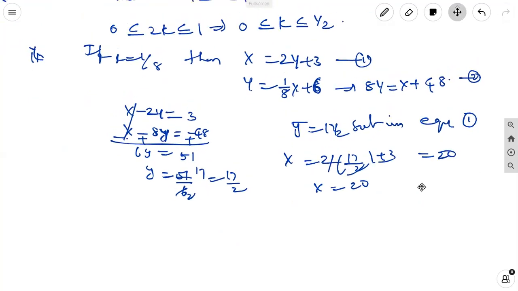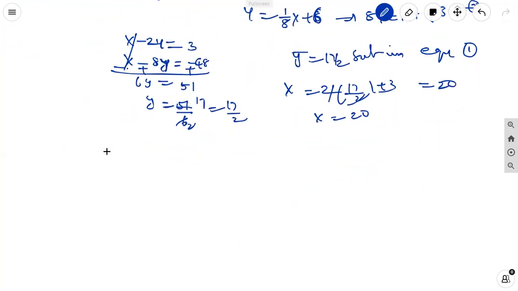Therefore x̄ = 20 and ȳ = 17/2 are the means.